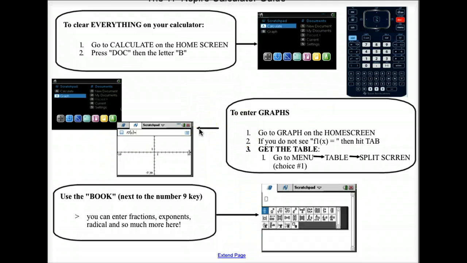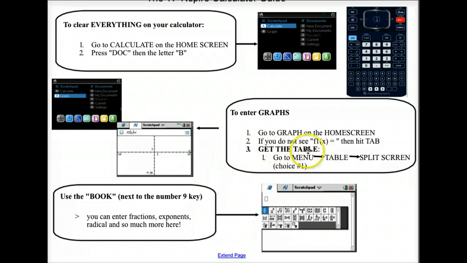To enter graphs on your calculator, go to the graph on the home screen, which looks like this. If you don't see the f of x, which should be a pop-up window that looks like this, just hit the tab key. Once you hit tab, enter whatever function you need to enter, and then press enter.